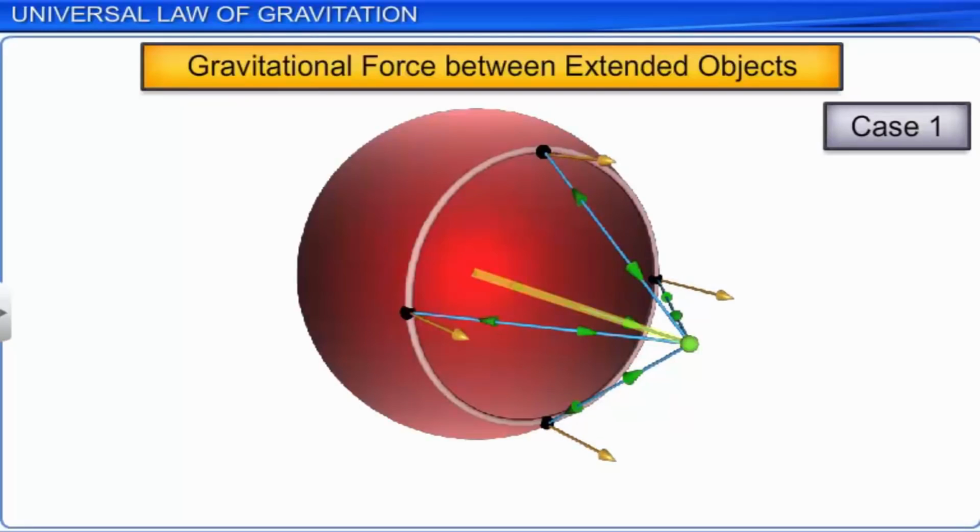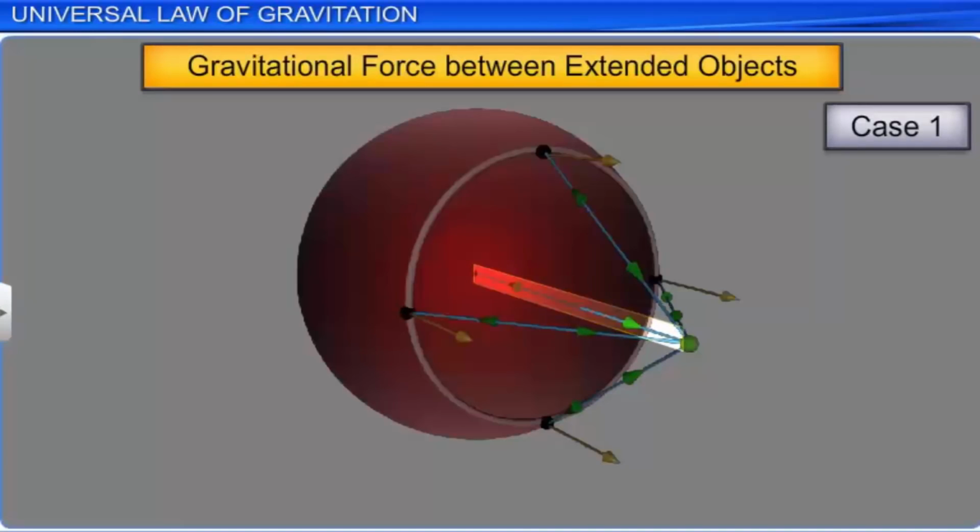The perpendicular components cancel each other, making the resultant force act along the line joining the point mass and the center of the shell. The magnitude of this net force is equal to the force between the point mass outside the shell and the total mass of the shell concentrated at its center.